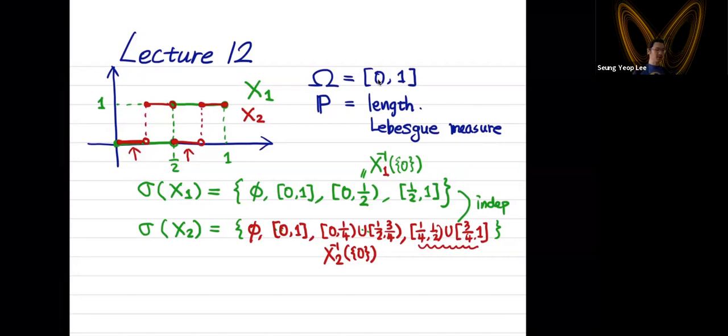So these are x2. And now you can check that if you choose any event from the first sigma algebra, and any event from the second sigma algebra, they are independent events, which means the two sigma algebras are independent.